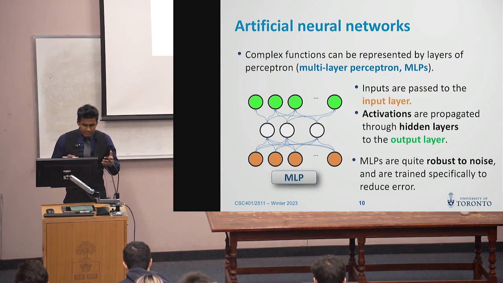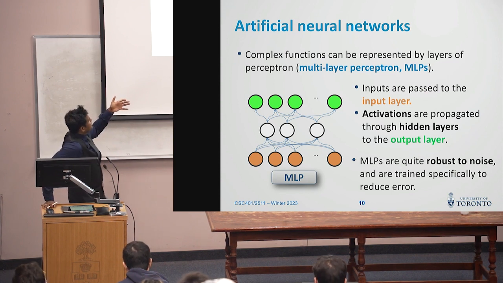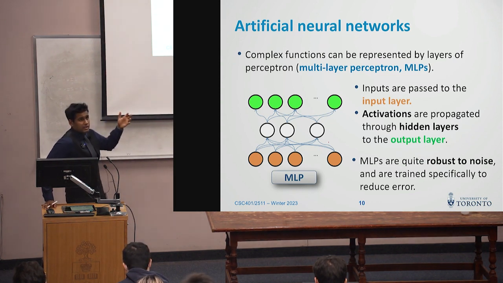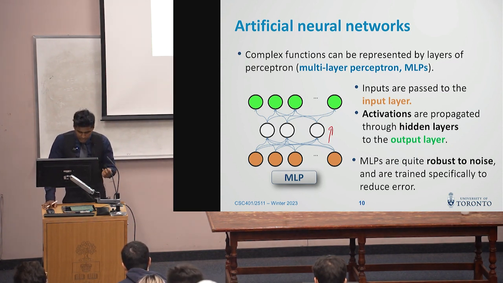If we layer up the perceptrons into what's called a multi-layer perceptron, then it is able to represent any complex function. You pass the inputs, in orange, at the bottom layer, they go through some hidden layers, and then as the output you have the green layer, the output layer, which usually gives you the probability, or whatever your objective function is. They're quite robust to noise, and they're trained specifically to reduce error.